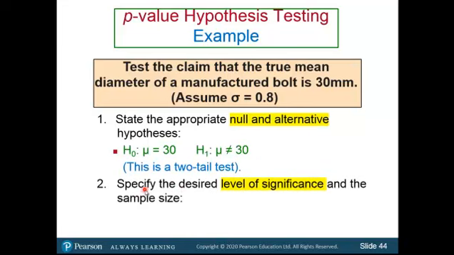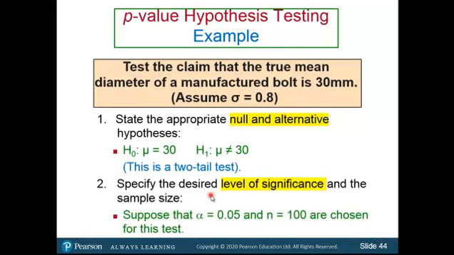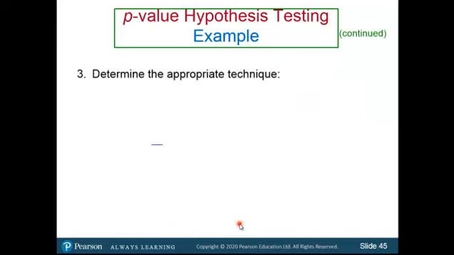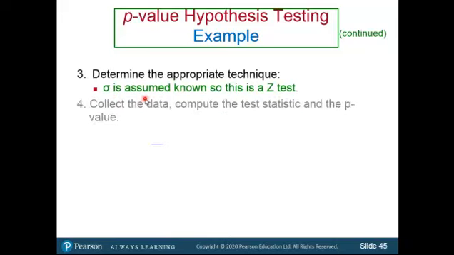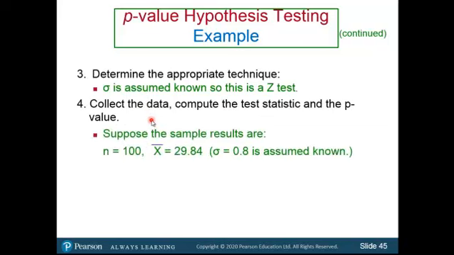Step number 2, we specify the desired level of significance and the sample size, which is alpha equal to 0.05 and n equal to 100. Step number 3, determine the appropriate technique. In this case, we are going to use the z-test because the standard deviation of the population is assumed known. Step number 4, collect the data, compute the test statistic and the p-value.